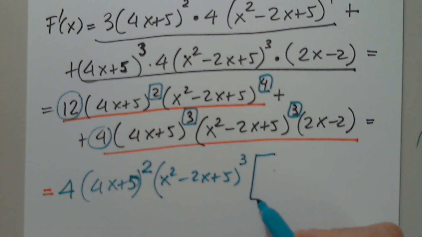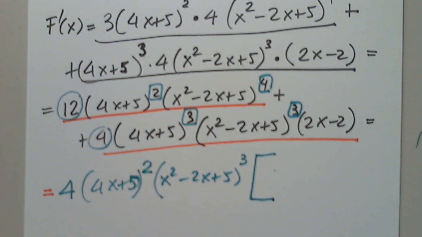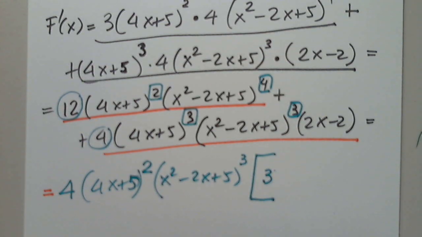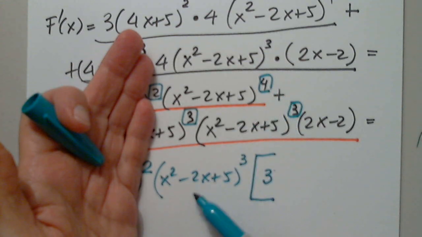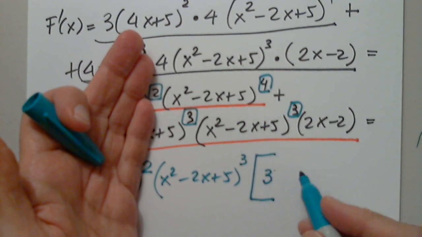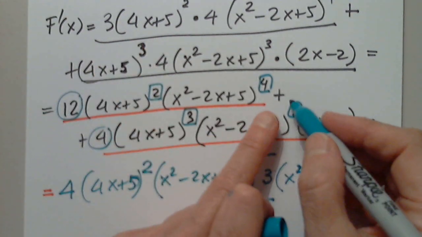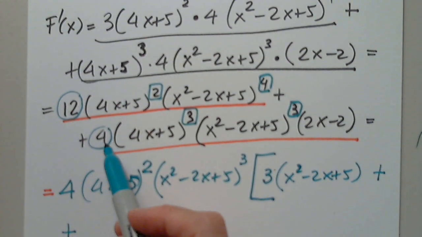I'm going to open a bracket now. Let's see what is left. From 12, I took out 4, but there is a 3 left in. 4x plus 5 squared is outside. Done. Gone. x squared minus 2x plus 5 to the fourth, I took out 3, but 1 is left in. I reached the plus sign. 4 is out.